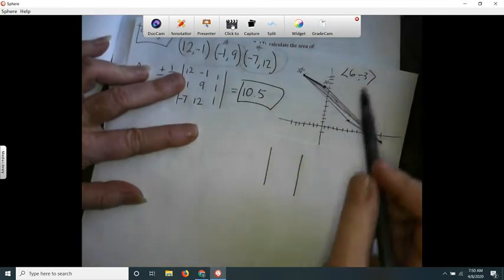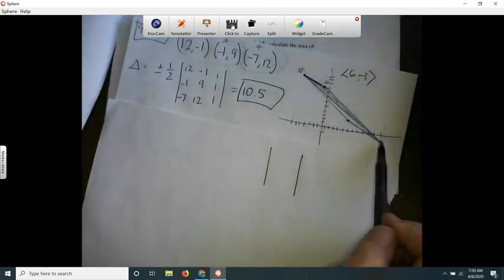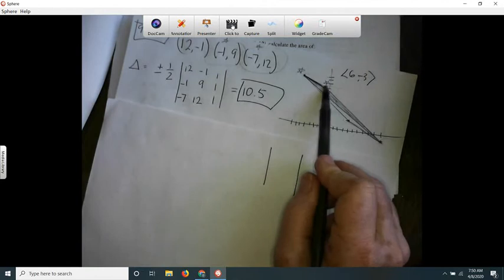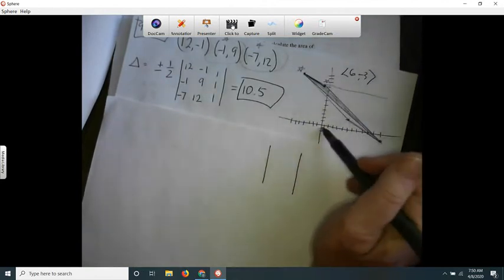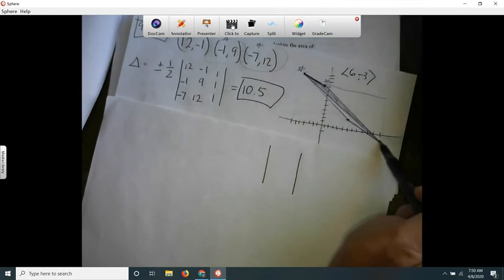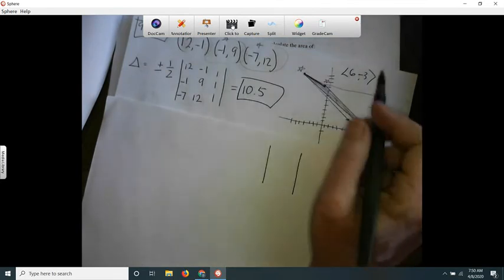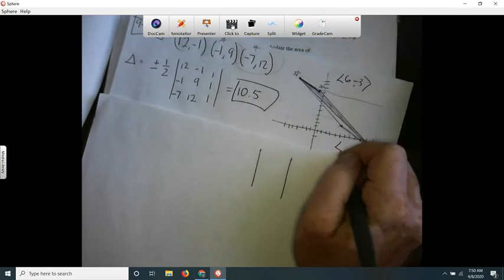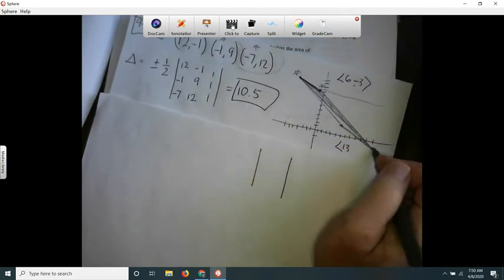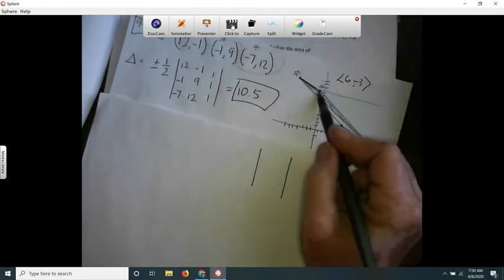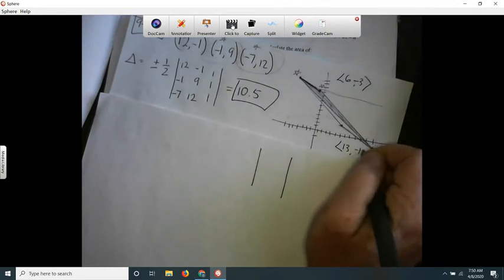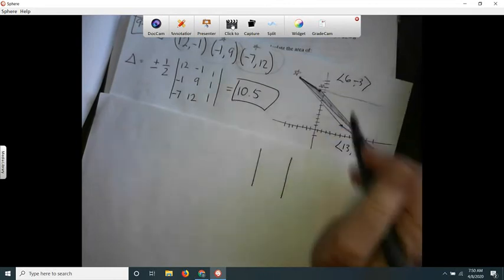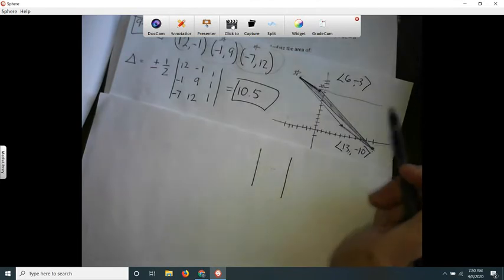If I wanted to get from here to here, I'd go right by pretty far. This was 12, and so right by 13, and down by, this was 9, and that's -1, and down by 10. So I could use these and put those in there, and I did.